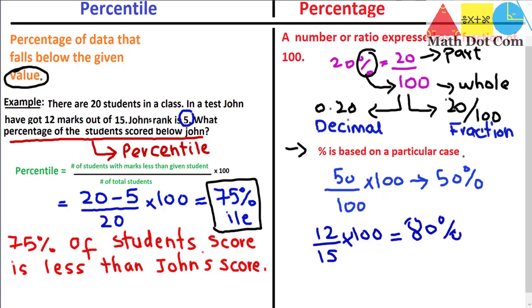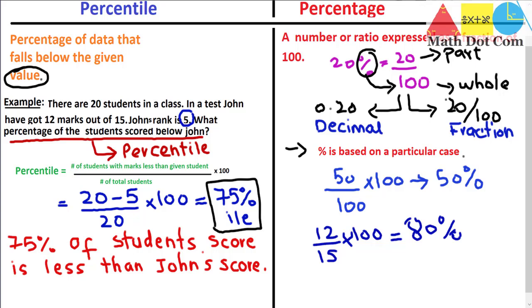Percentile makes use of the ranks and the number of students, but percentage makes use of the score that the student has got. So there is a big difference between the two. So percentile is usually used in scores like SAT and GRE, where the comparison needs to be made among the students. So this is one method of finding the percentile.